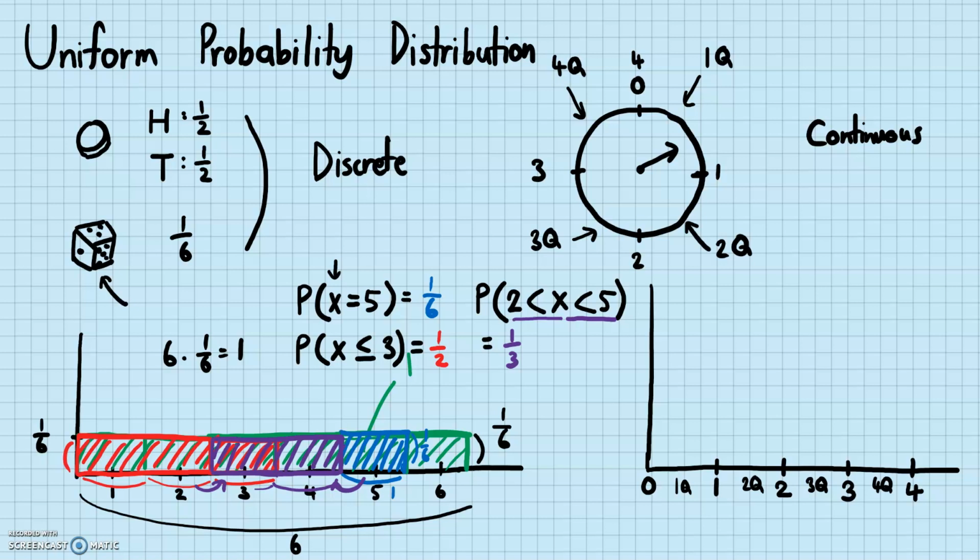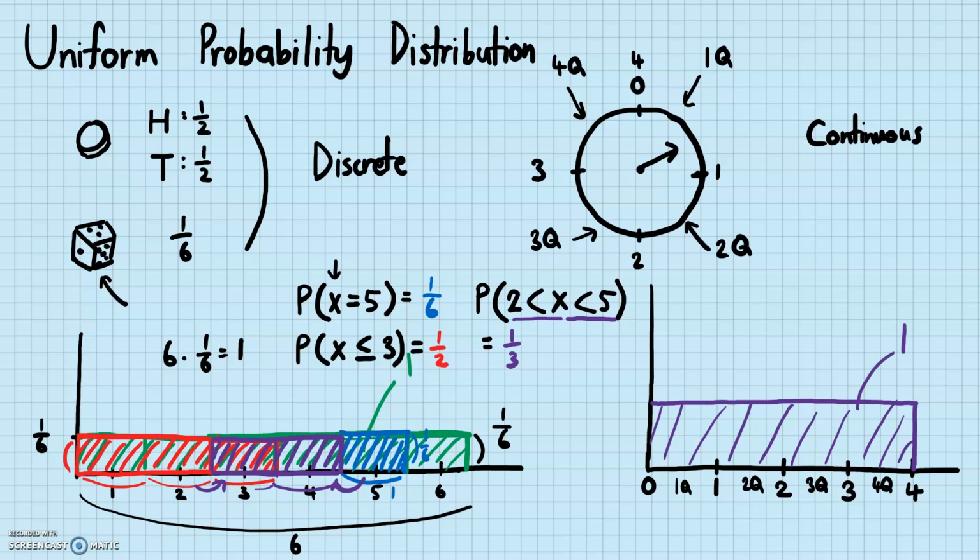And before we find the probability of each of these, let's first draw the rectangle. So a rectangle is going to be something like that. And if you remember our rule, the area of this whole rectangle has to be 1.